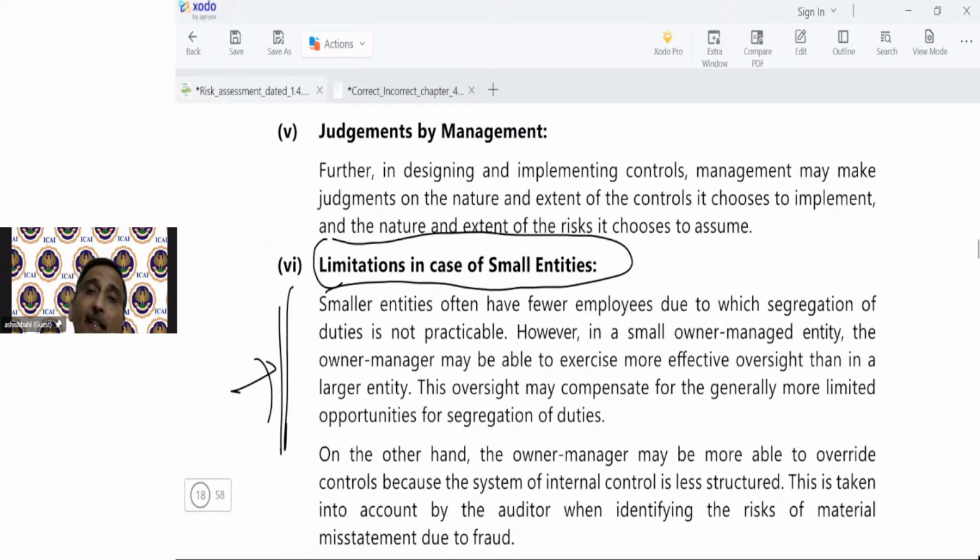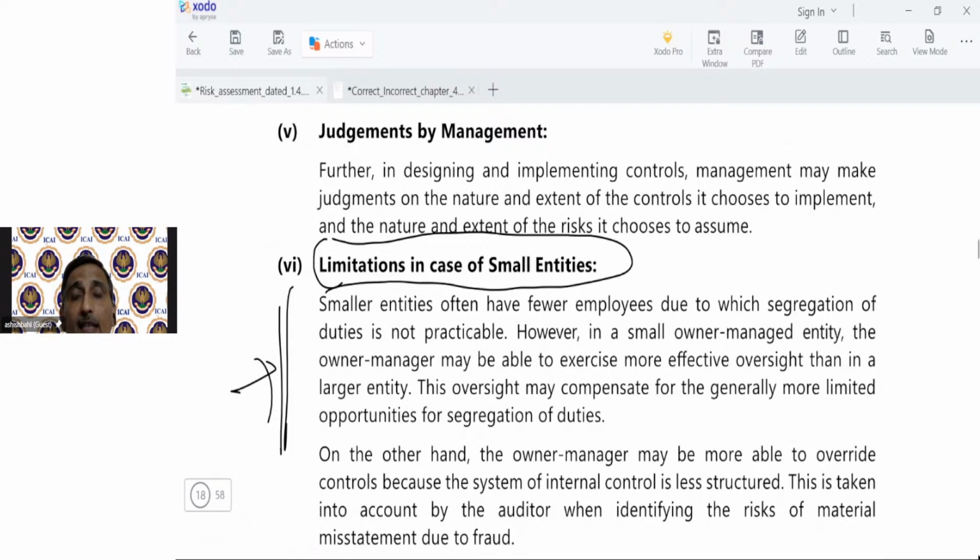But in smaller organizations, it may not be the case, because one person might be doing five types of work, because the organization cannot simply afford to keep so many people.